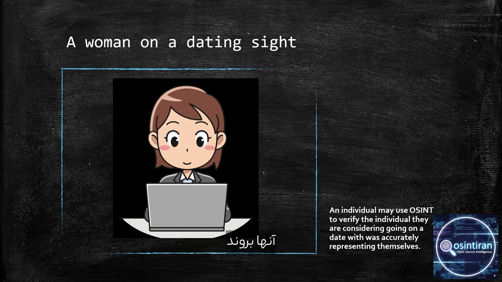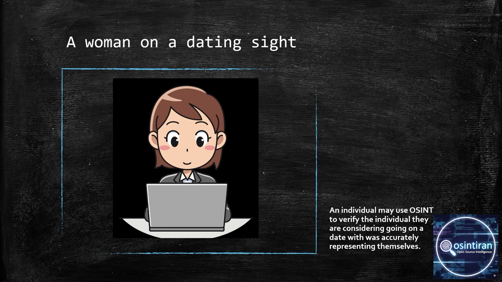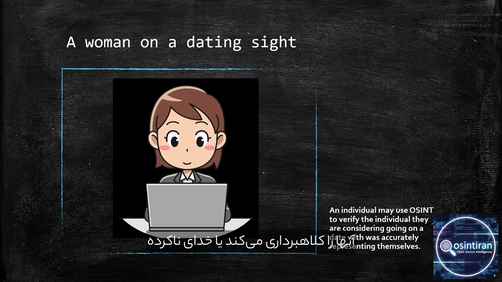Well, before they go on that date, she may use open source intelligence to start looking at this person and wonder, is this person real? She could take the photo, do a reverse image search, see if that's really them, background check their stories and information, and help determine if that person is scamming them or, God forbid, is a dangerous individual going on these dating sites looking to hurt someone, whether it's a man or woman.